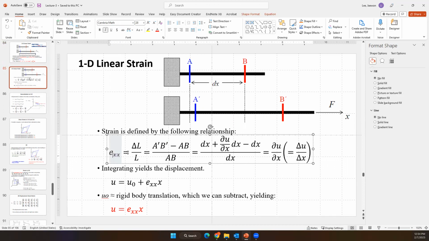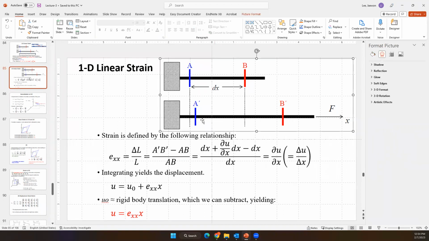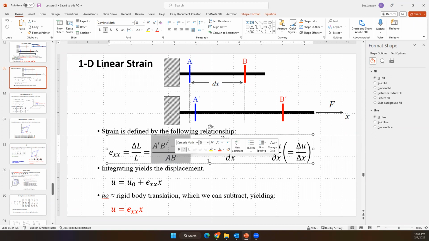Based on the definition of the strain, we can make a relation of the distance between AB and the extended A prime B prime. The strain is A prime B prime distance minus AB distance, divided by AB.